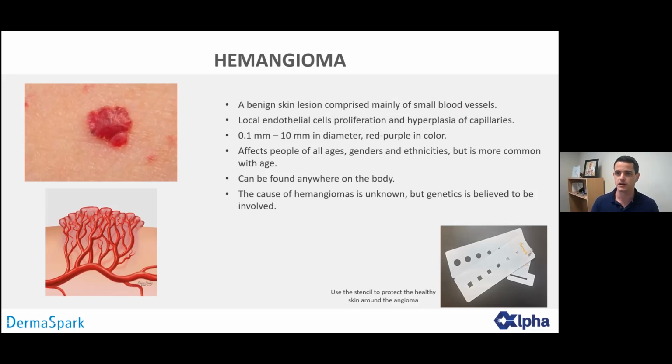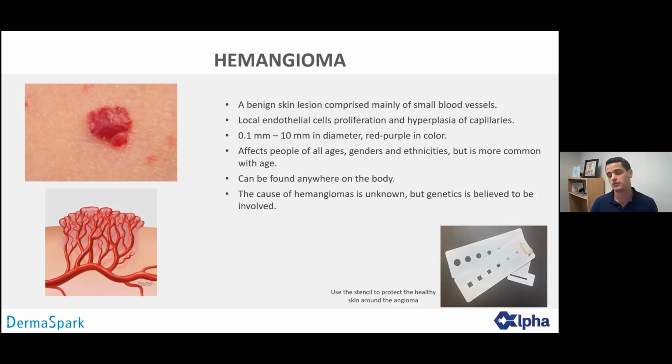And what we have to keep in mind, again, is that because the target is more concentrated and is above the skin level, it is relatively easier to treat hemangiomas when compared to other vascular conditions.